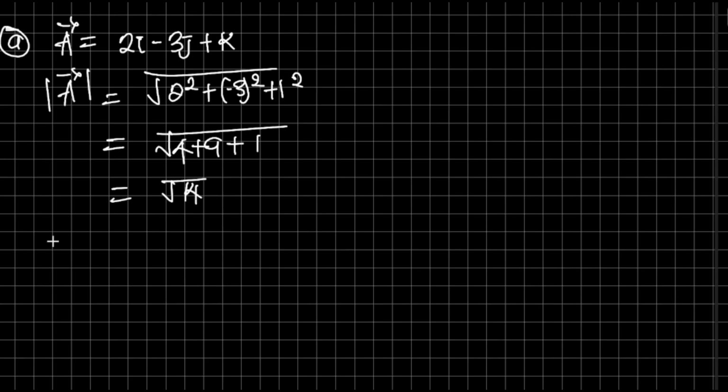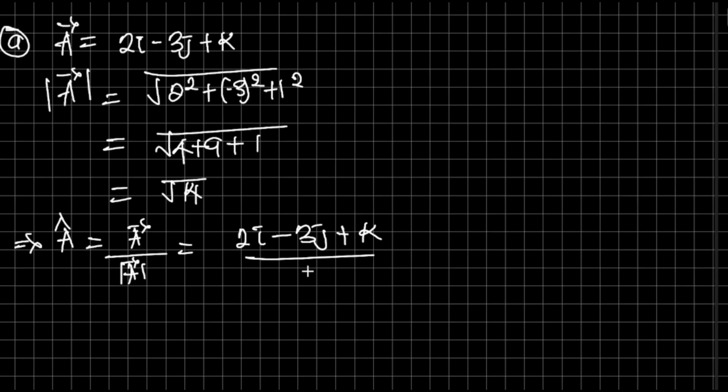Therefore the unit vector, which is A all over the magnitude of A, will be equal to 2i minus 3j plus k all over the square root of 14. So you don't need to split it, you can always leave the answer this way, because when you break it down, it becomes a direction cosine.